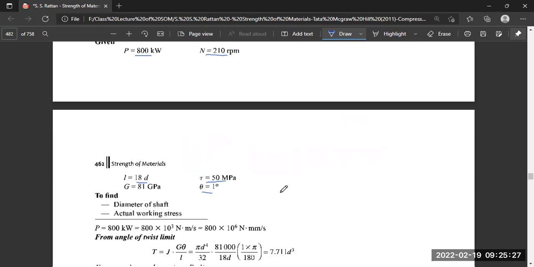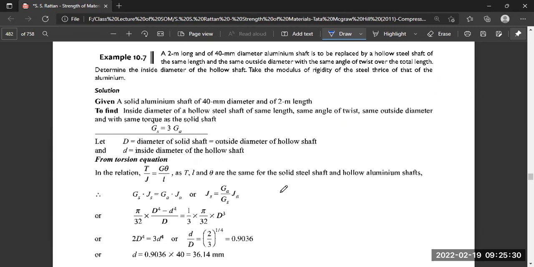That is problem 7. Here, a 2 meter long and 40 millimeter diameter aluminum shaft is supposed to be replaced by a hollow shaft of the same length and same outside diameter, with the same angle of twist over the total length.